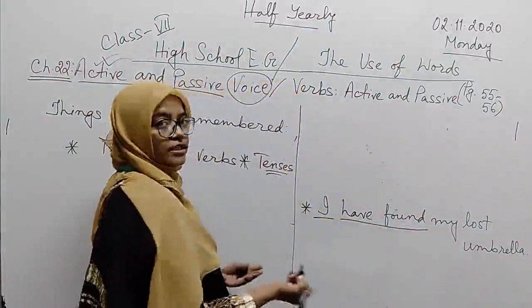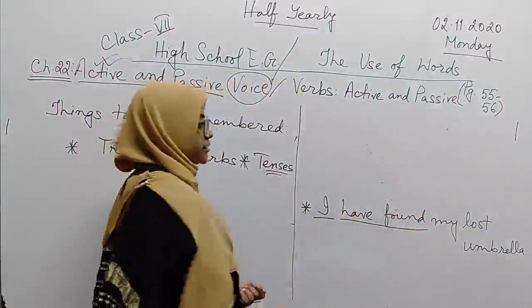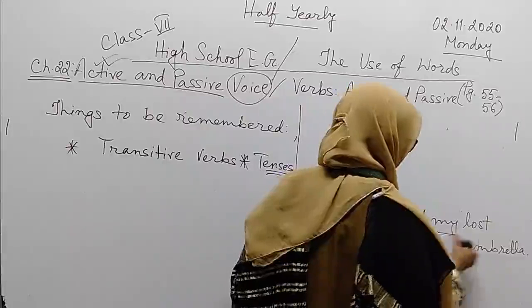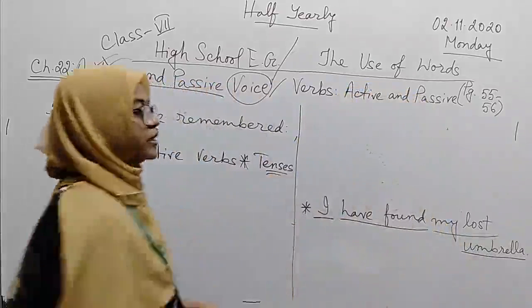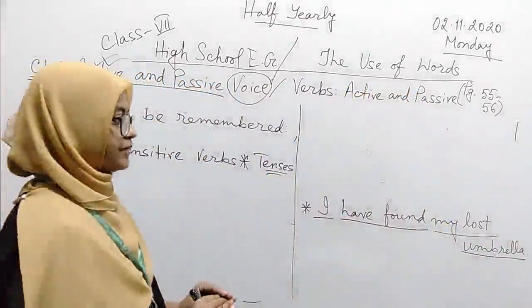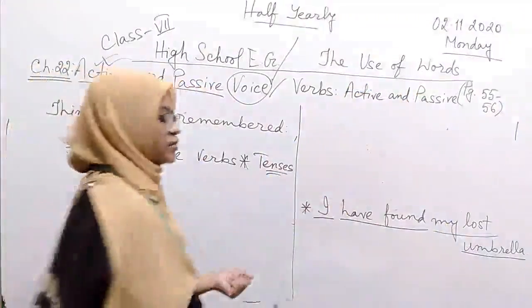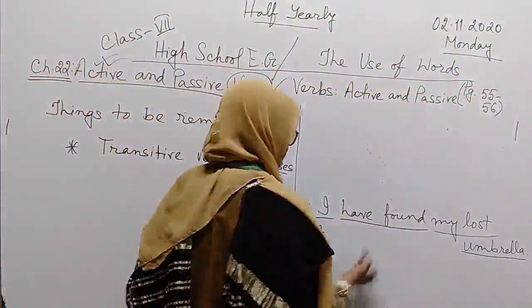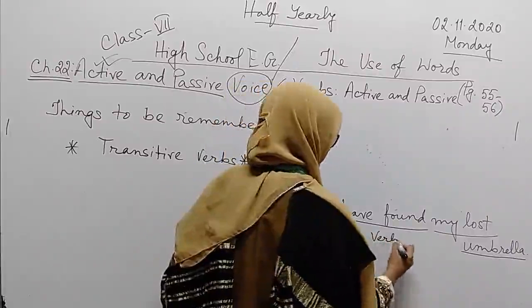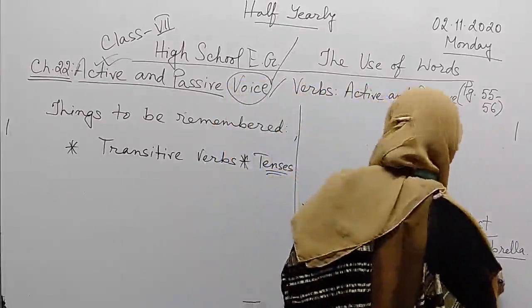Have found is the verb because it talks about the action. My lost umbrella, this whole phrase, is the object. Okay? So this is the subject, this is the verb, and this is the object, my lost umbrella.